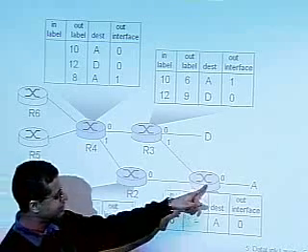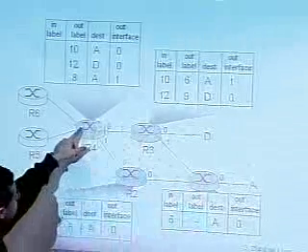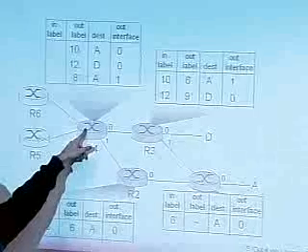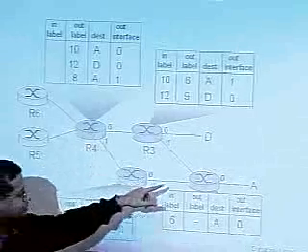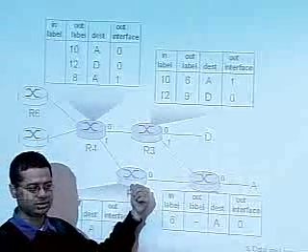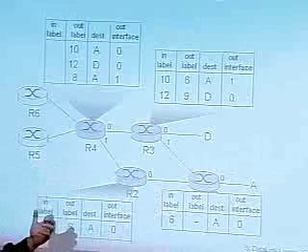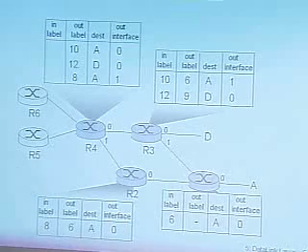The advantage is that this router here need not know about the labels that have been set by this router here. It only needs to know about the labels that have been set by this particular router here. So you don't need some sort of centralized information. You share information only with your neighbors.